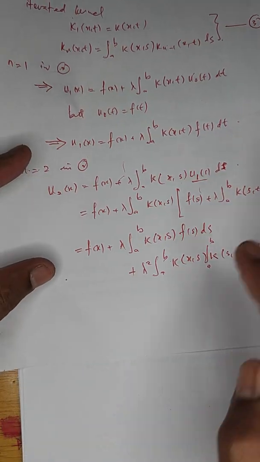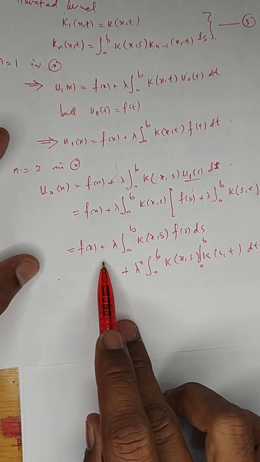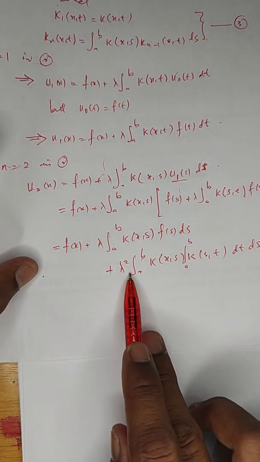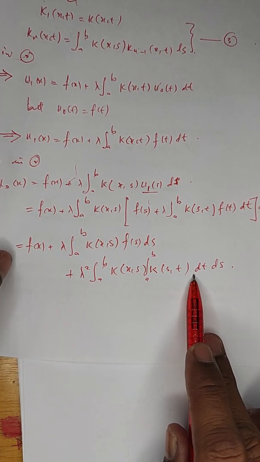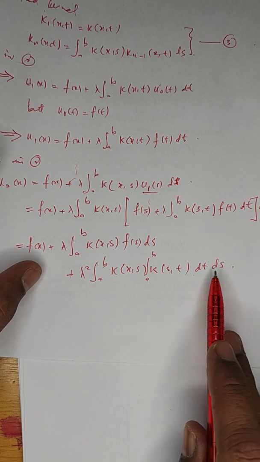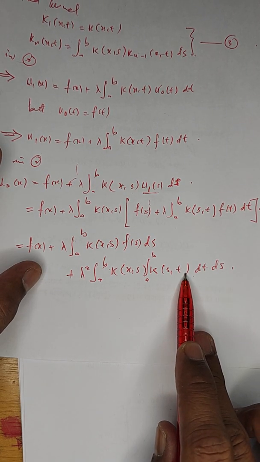So for u2(x) = f(x) and the remaining terms, we need to change the order of integration: instead of dt, we integrate over s first.